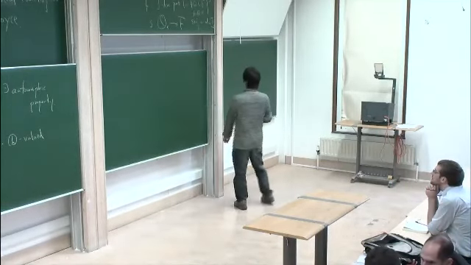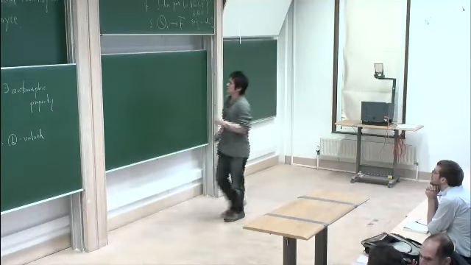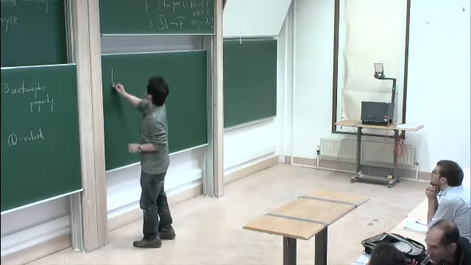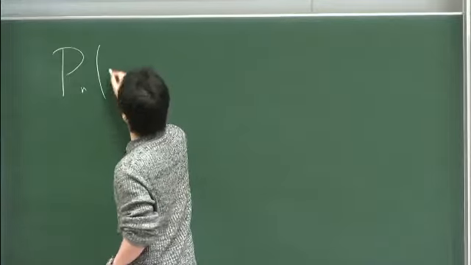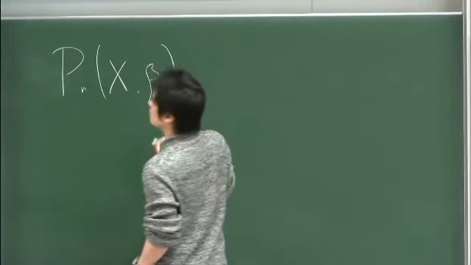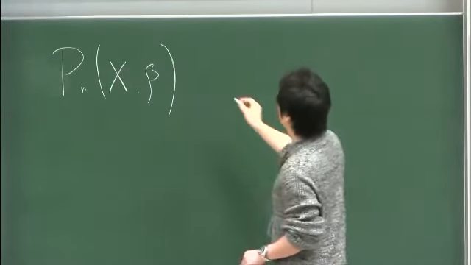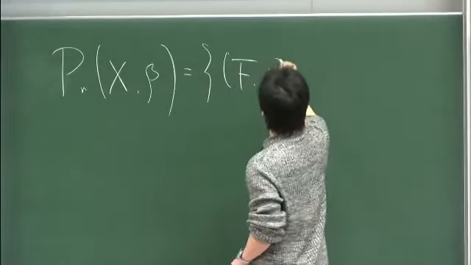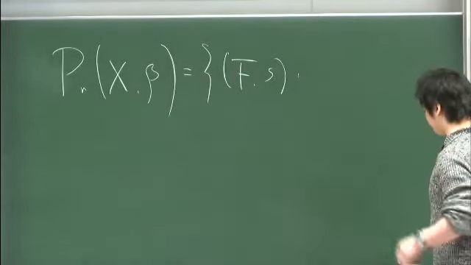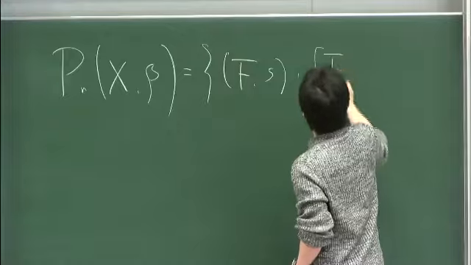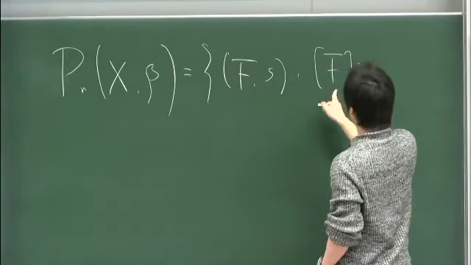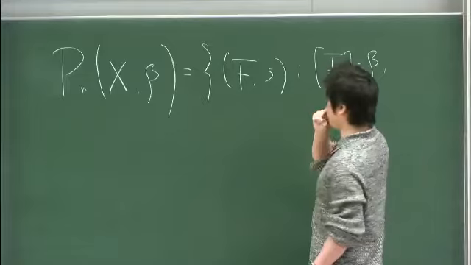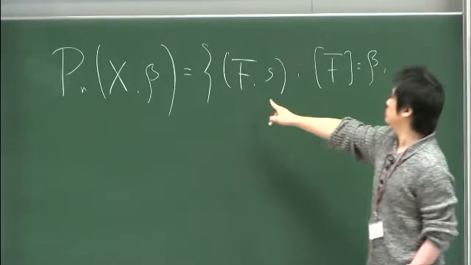And I'm interested in the moduli space of such pairs, P_n(X, beta). Here, the fundamental class of F is equal to beta, and the holomorphic Euler characteristic of F is equal to n.